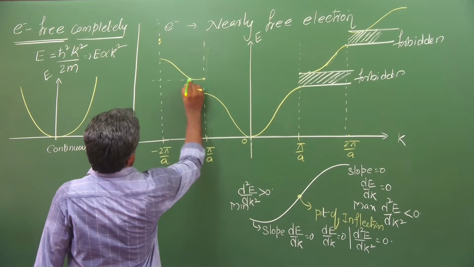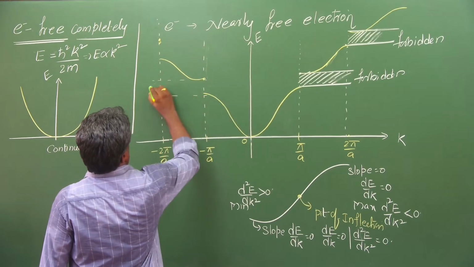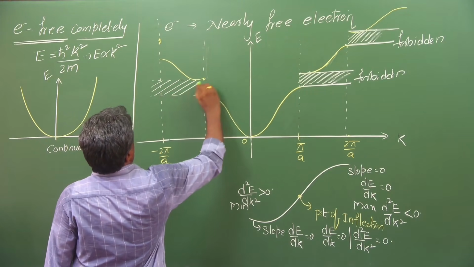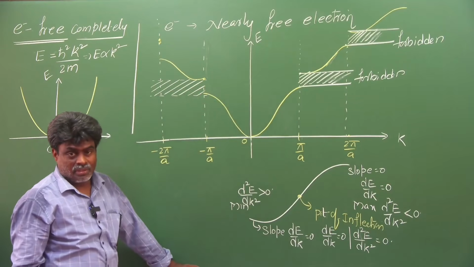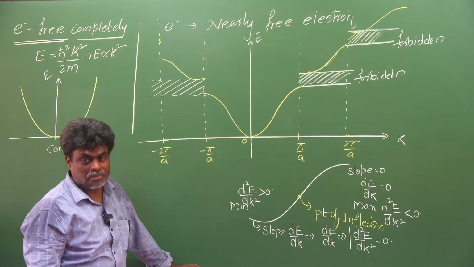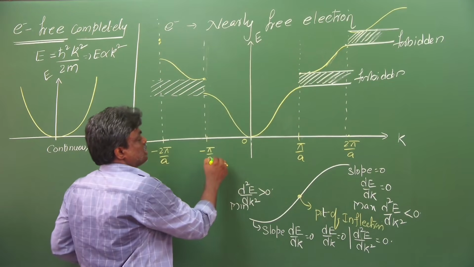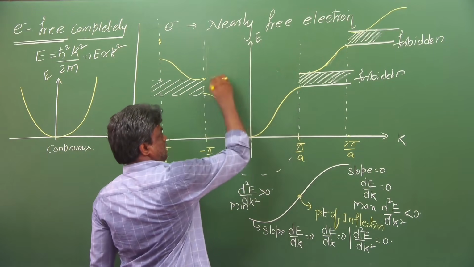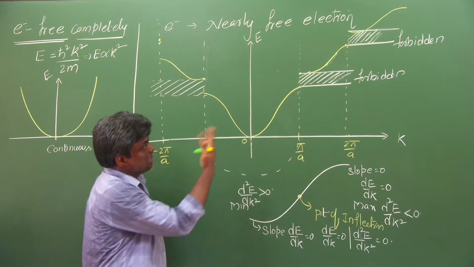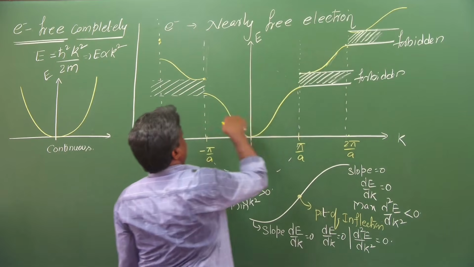What is the name given for this diagram in the textbooks? Extended zone scheme. Extended zone scheme means you need not bother about all those things. You only study this first Brillouin zone. The remaining nature is repeated.